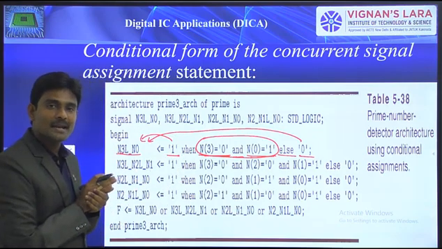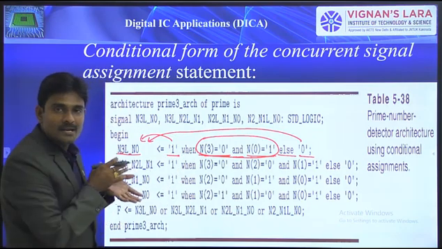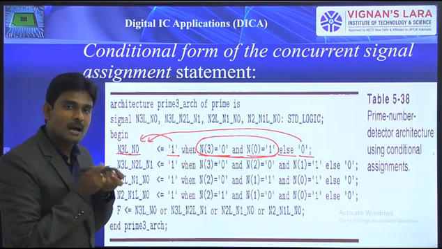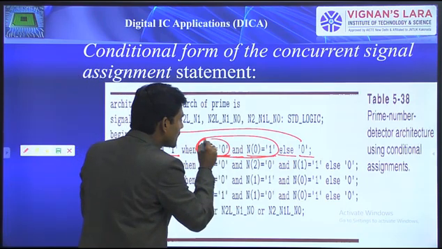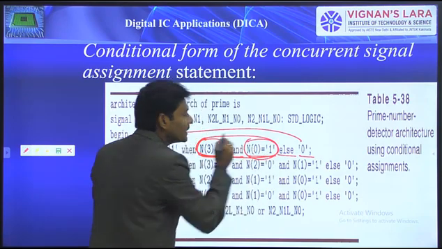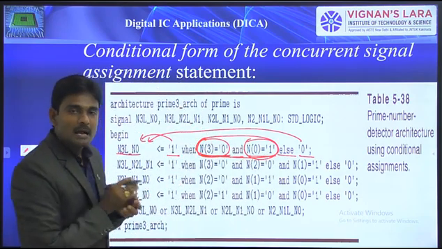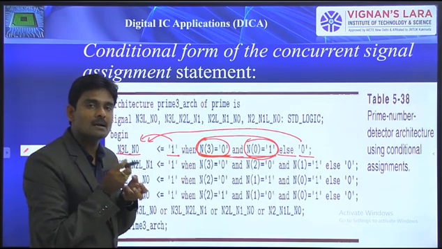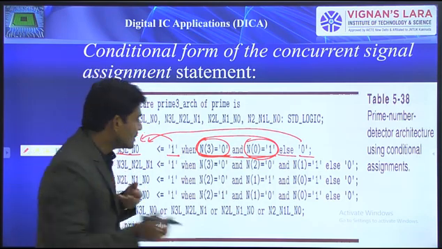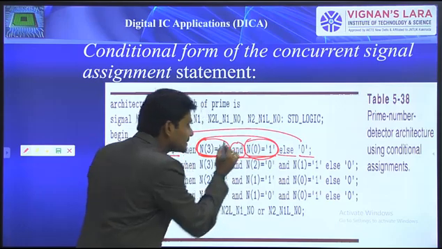As I mentioned, Boolean expression. What does it consist of? A Boolean expression combines Boolean terms. This is one Boolean term and this is another Boolean term, combined using predefined operators such as and, or, not, and so on. Here the Boolean operator is and.